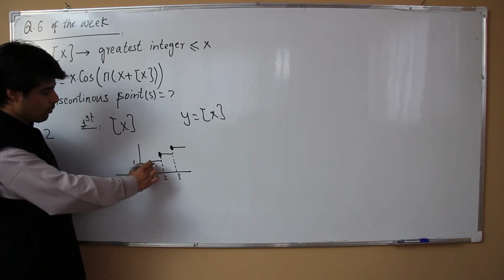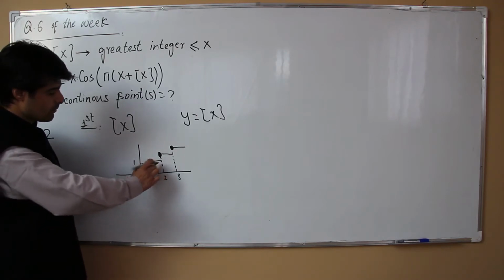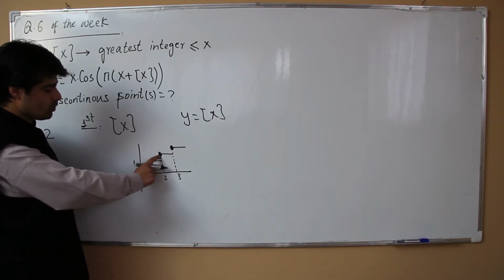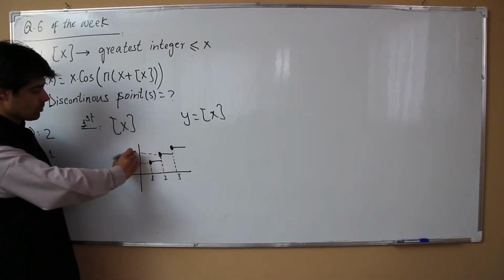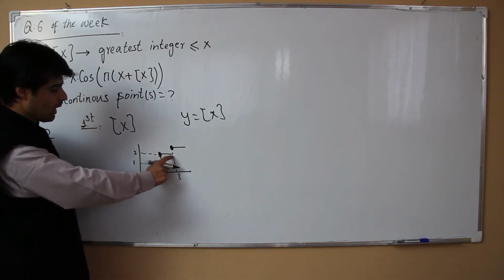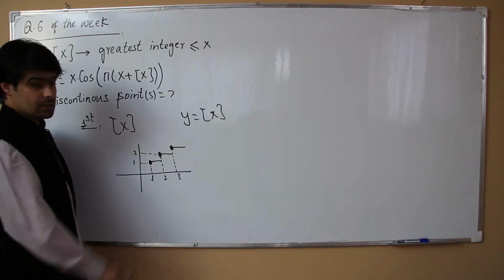If x is greater than 1, up to 2, the answer is 1. If x is 2, the answer is 2. If x is greater than 2, up to 3, the answer is the constant 2.